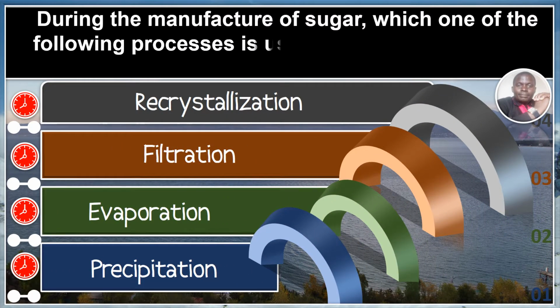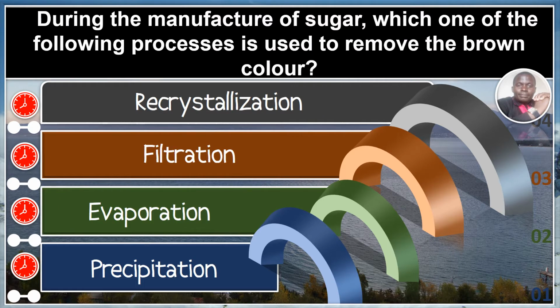During the manufacture of sugar, which one of the following processes is used to remove the brown color? Recrystallization.